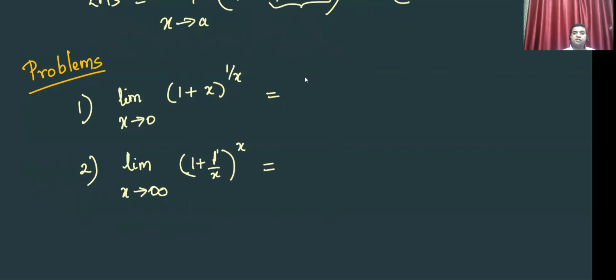because this is e power limit x tends to 0, the 0 part multiplied by the infinity part, the 1 plus 0 in the base and infinity in the exponent. So x and x cancels. You get limit of 1, which is 1.